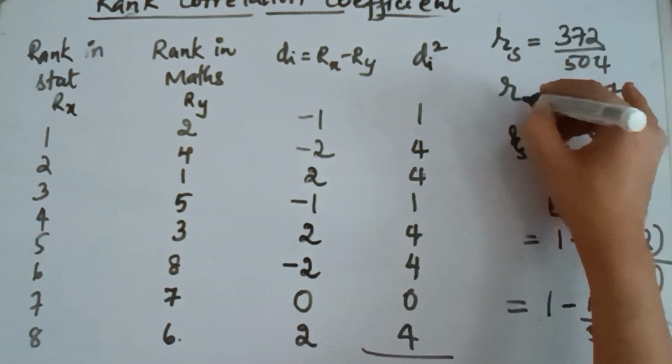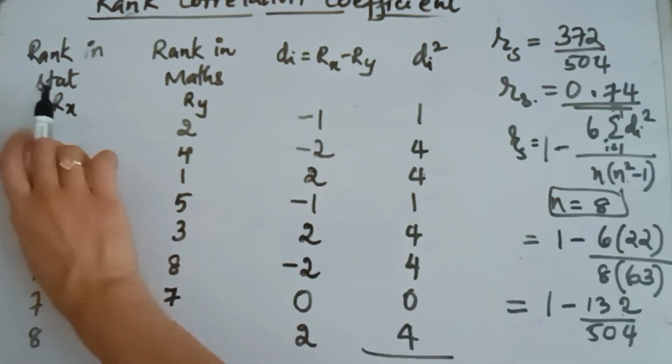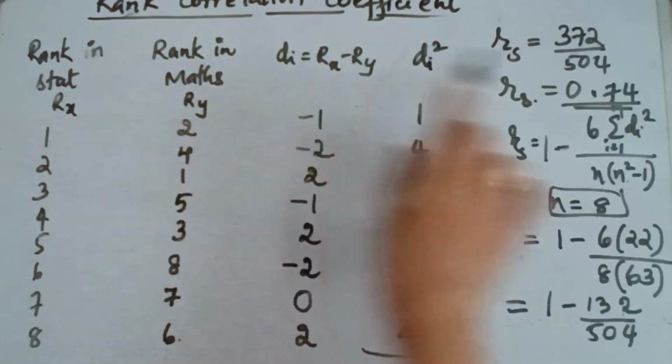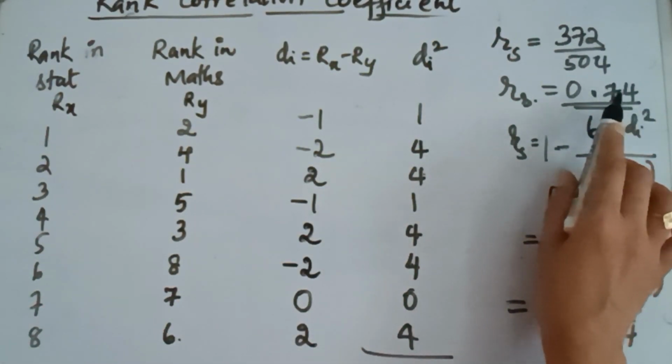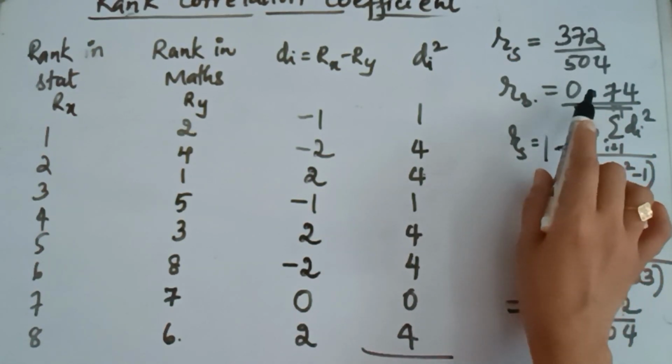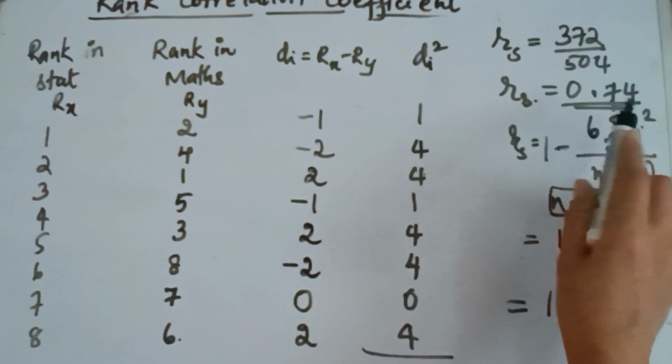So we got the association between those two variables, that is rank in stat and rank in maths, as 0.74. It is a positive value, and we can conclude there is a positive correlation between those two variables, and it is nearer to 0.75.